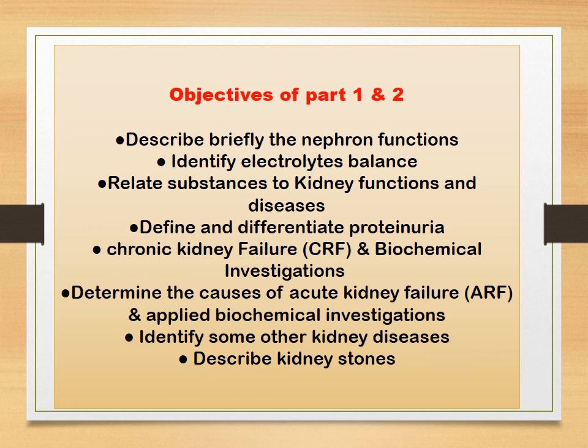Then, define and differentiate proteinuria types and chronic kidney failure and related biochemical investigations, acute kidney failure and related biochemical investigations. Finally, I will talk about some kidney diseases and kidney stones.